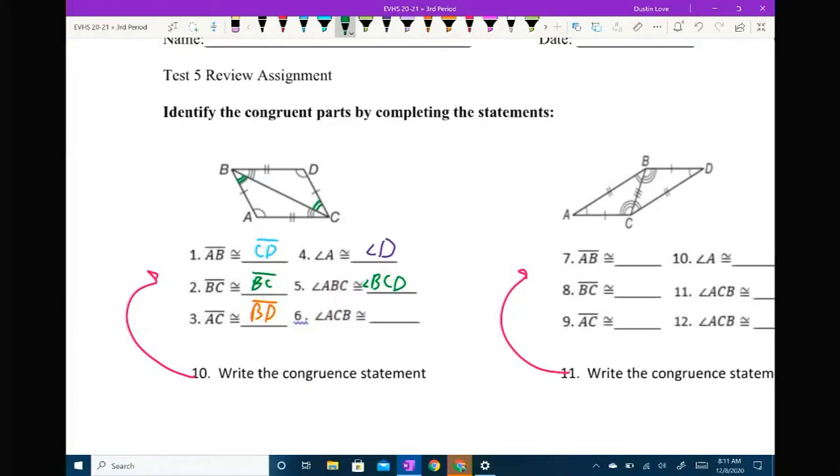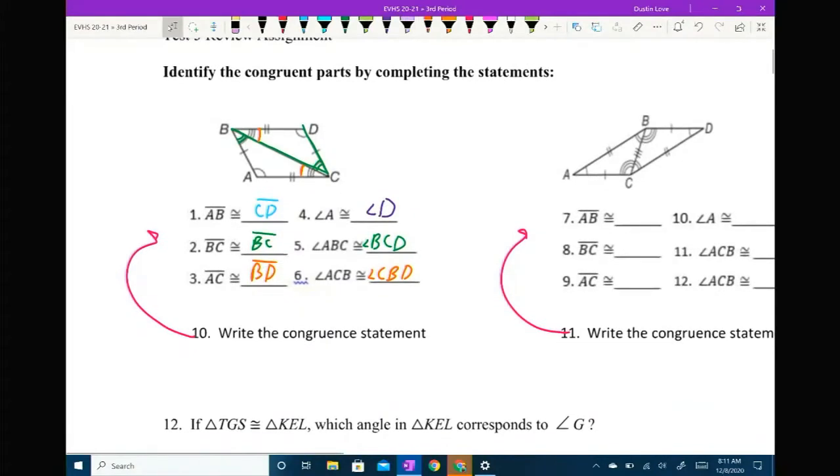Remember, when you have 2 angles that come out of a single vertex, you cannot use a single letter. You have to use 3 letters. And so we started at B, went to C, and then up to D. All right, which means now ACB is this 3 mark angle over here, which matches my 3 arc angle over there, which is CBD.